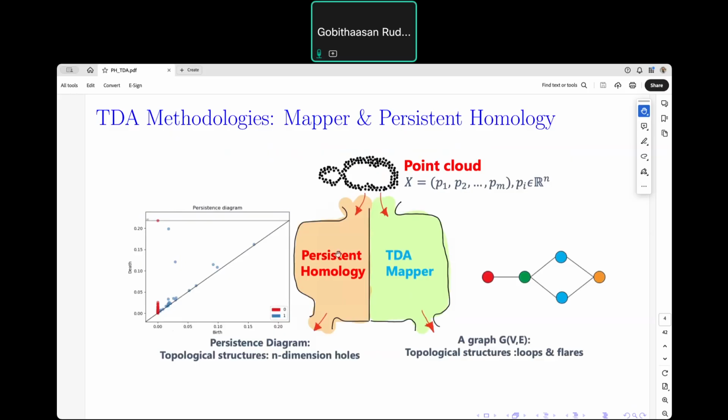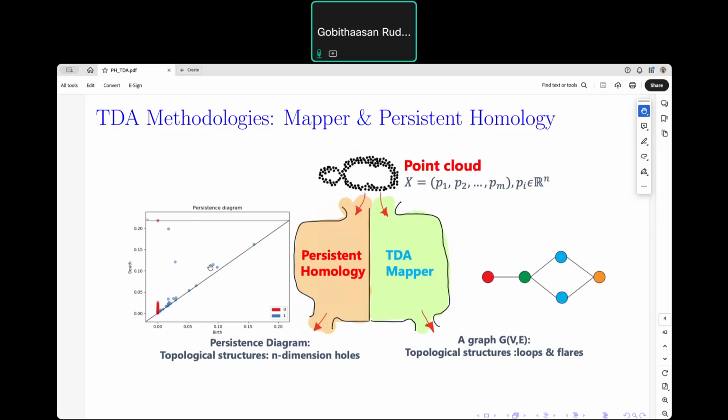What we are trying to do today is understand how we can input the point cloud and get the information of the shape in the form of persistent homology, in which we get a nice plot called a persistence diagram.